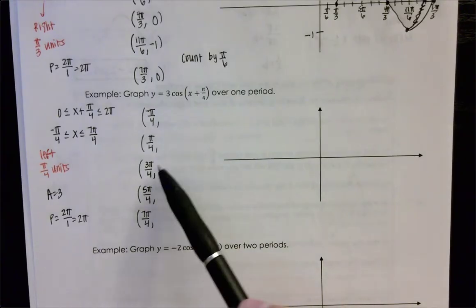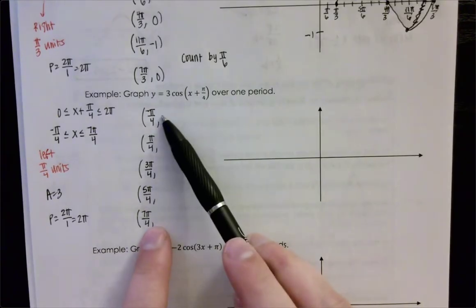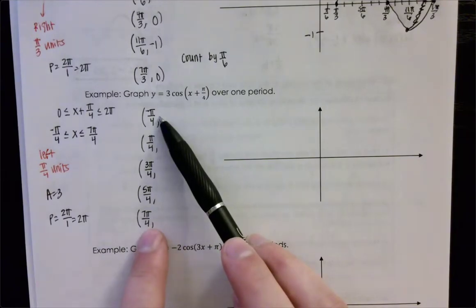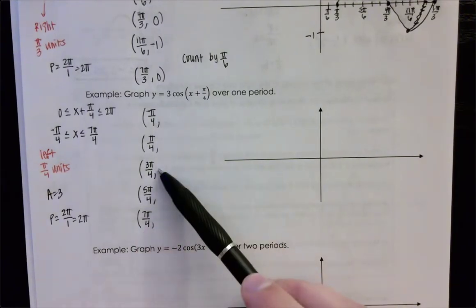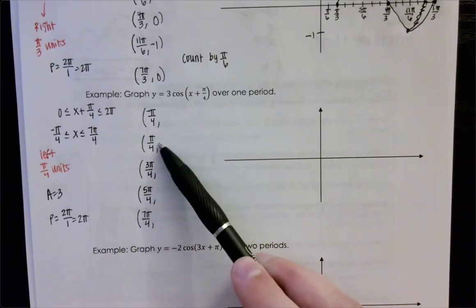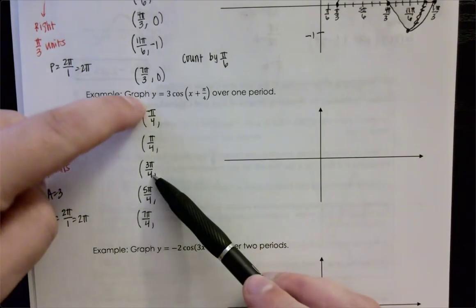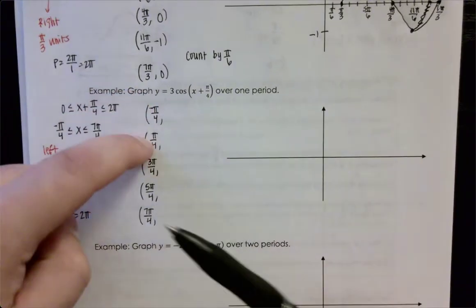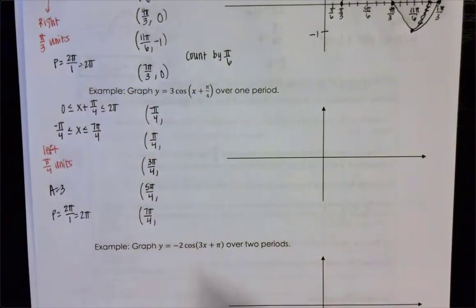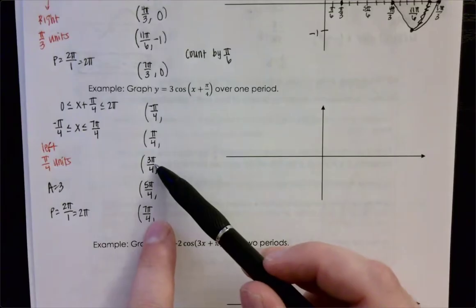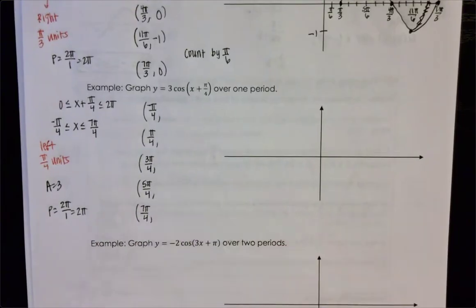So again, to get the middle point, you add the beginning and end, divide by 2 to get the midpoint. To get the first quarter point, you add these two, divide by 2 to get that answer. Add these two, divide by 2 to get that.